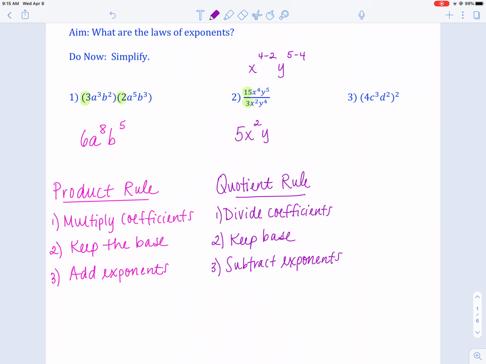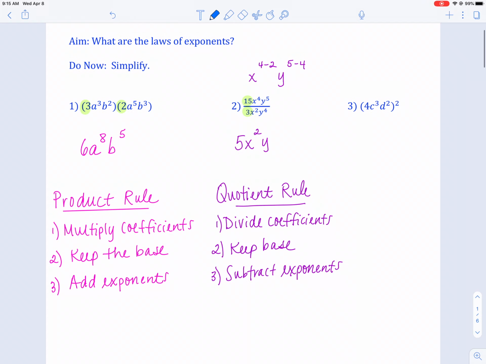Okay, now take a look at number 3. Number 3, you have 4c cubed d squared, squared. So one way to do this is to take your 4c cubed d squared times itself, 4c cubed d squared. And really when you expand it out, so I'm just going to make a little note.